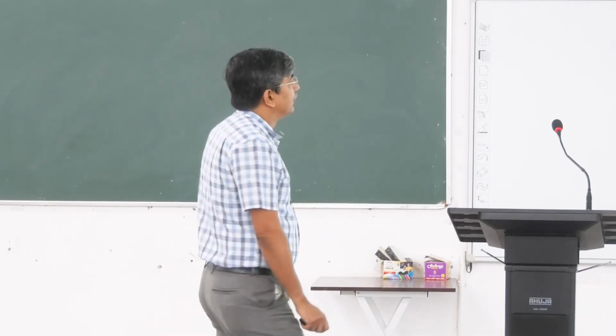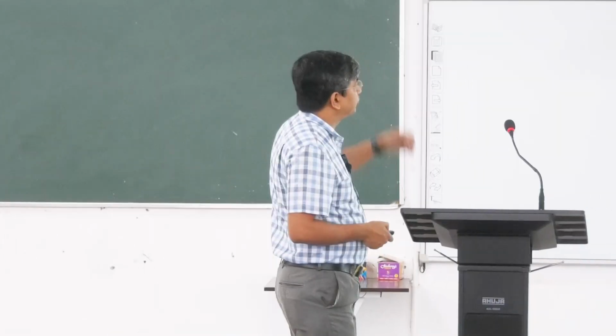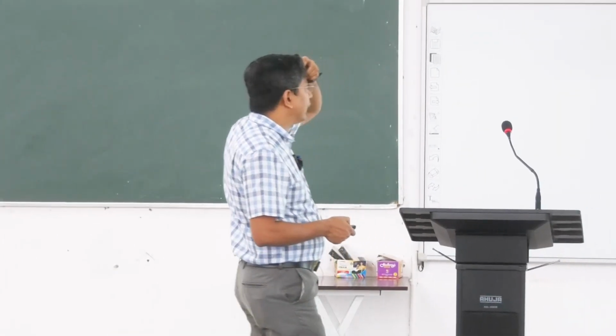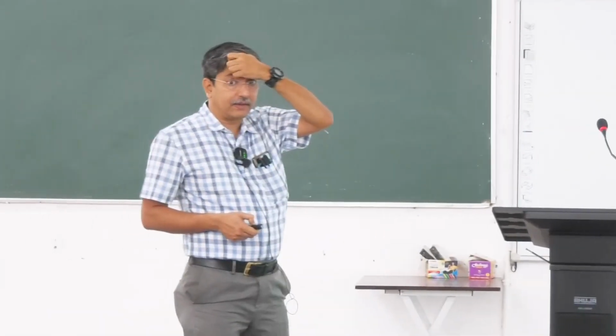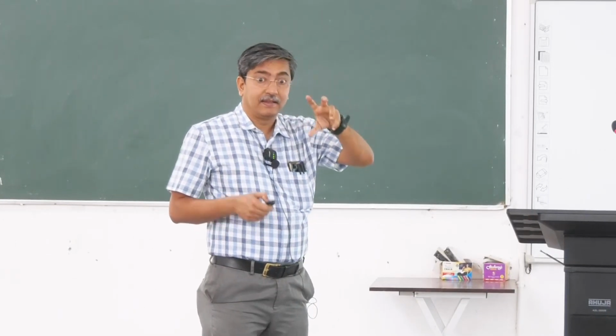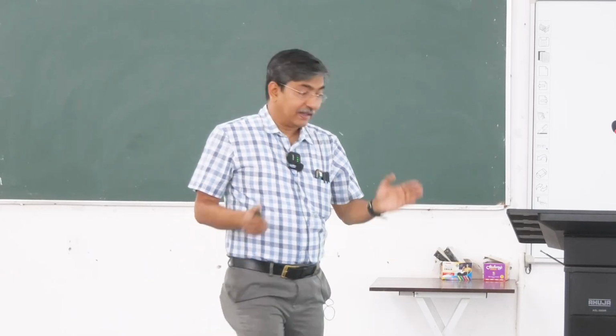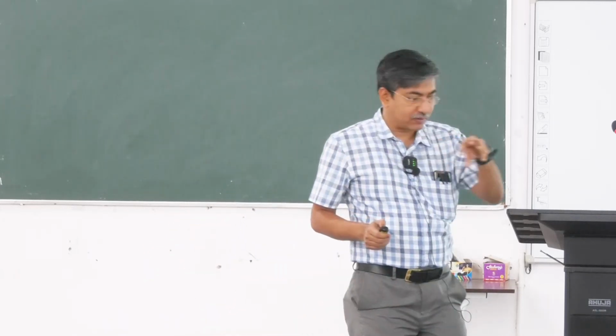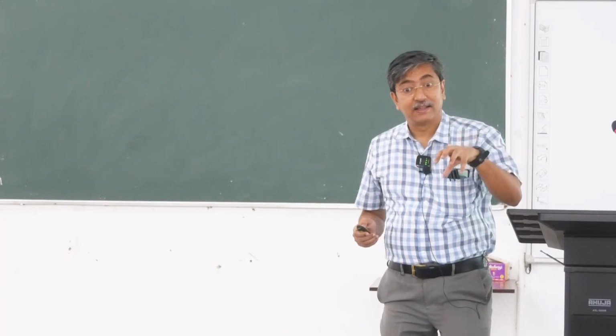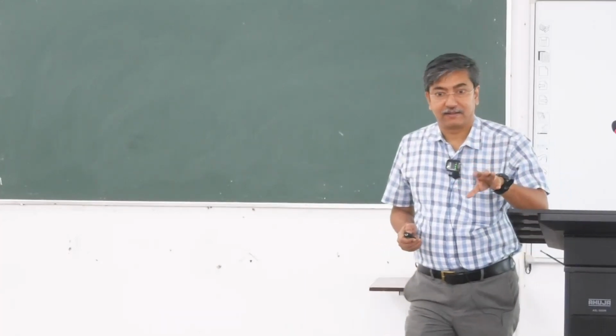Now, anything outside the cell is extracellular. Extracellular means there are two compartments. One is interstitial, one is vascular.